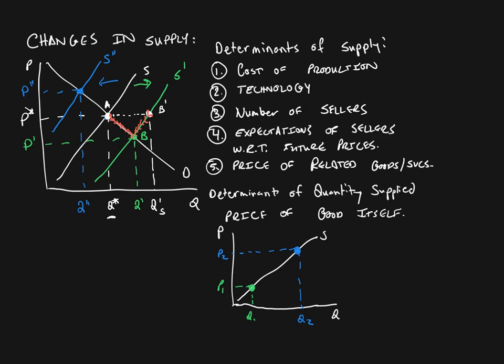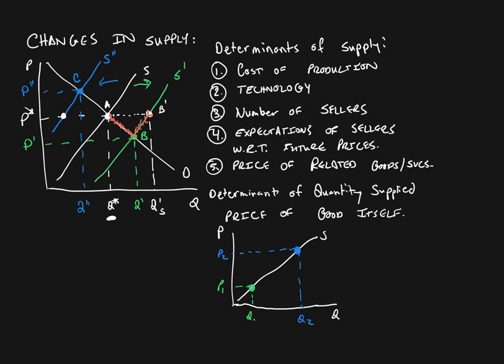On the other hand, if we have a decrease in supply, we know that if we're starting out at point A, we're going to wind up at point C. But let's think about how we get there. Well, initially the supply falls, and buyers still want to buy Q star at this price P star. But now that supply has gone down, sellers don't want to sell that much.